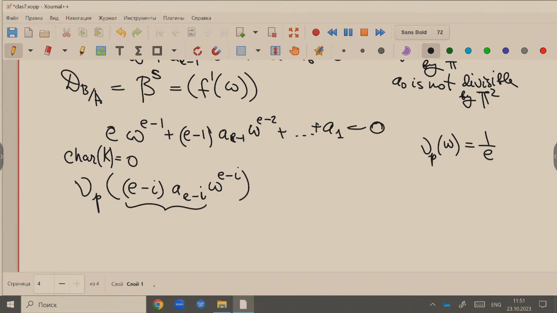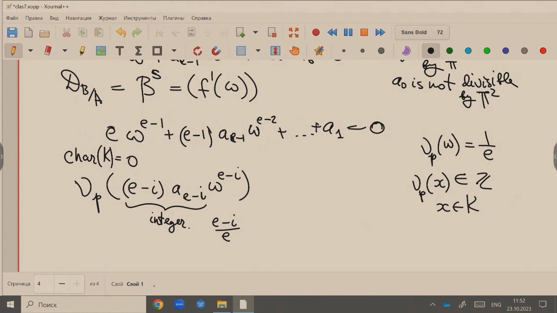These are numbers, elements of the initial field, so the valuation of x, where x belongs to k, is an integer. This valuation is precisely (e minus i minus 1) divided by e.